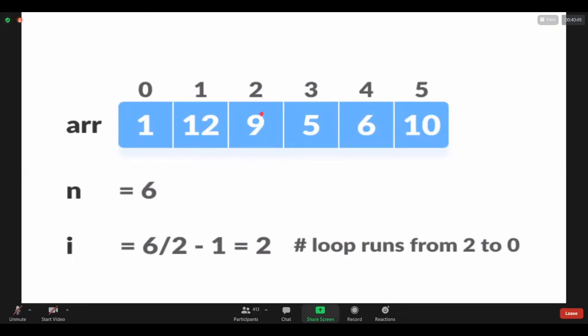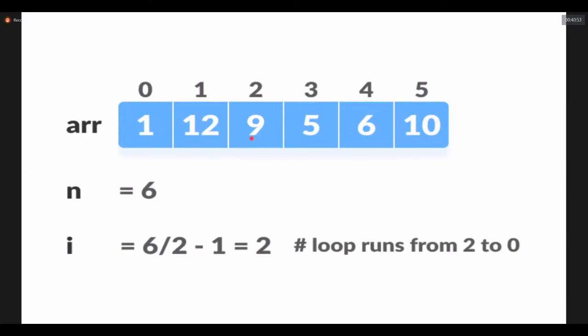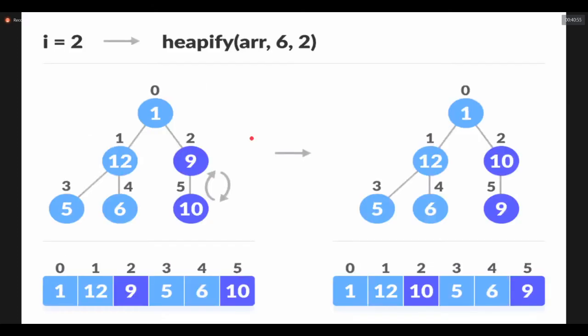What is the second index value? 9. Okay, see the tree structure of this array: 1, 12, 9, 5, 6, 10. So the children end at the non-leaf node 9, so you start the process here. The last non-leaf node which contains a child is the starting point of heapify.